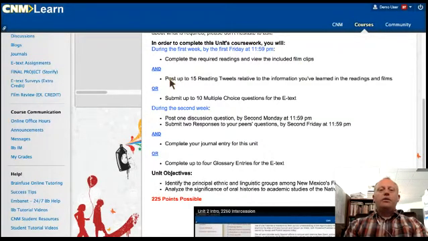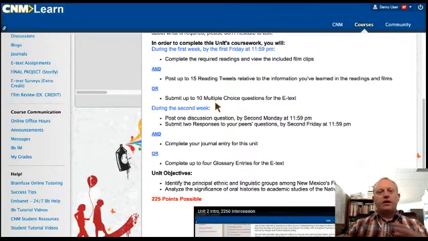Then you can choose by the first Friday of the unit, so this coming Friday, to either post 15 reading tweets or submit 10 multiple choice questions. And the places to do that are listed below. You'll work on Twitter, of course, for the reading tweets. There's a section of the module to remind you of that.